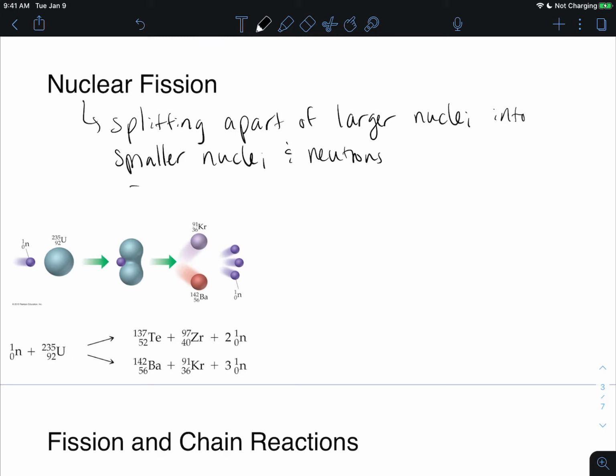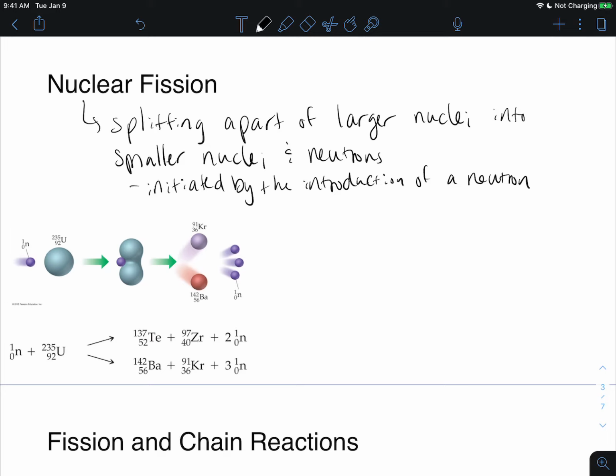It is going to be initiated by the introduction of a neutron. So the neutron itself is going to come in and it's going to cause this fission process. Okay? And nuclear power plants utilize fission reactions in order to produce large amounts of energy.